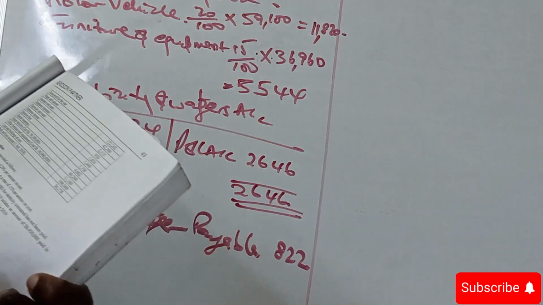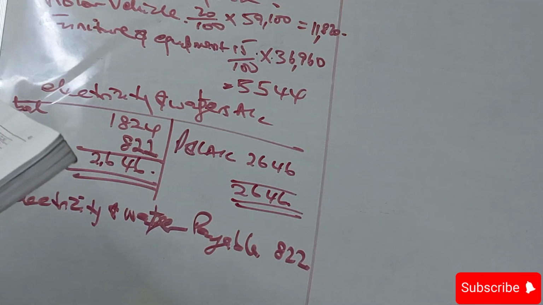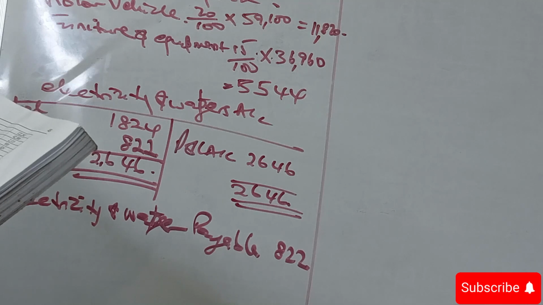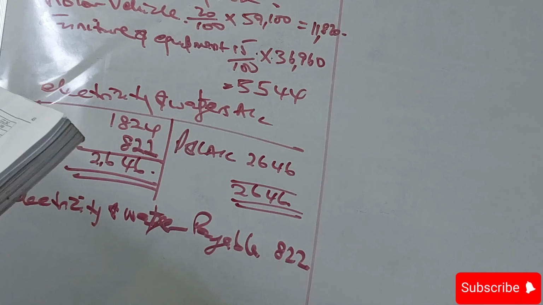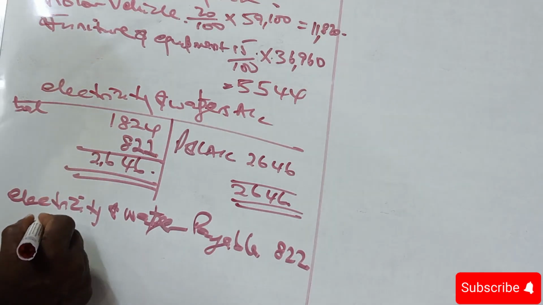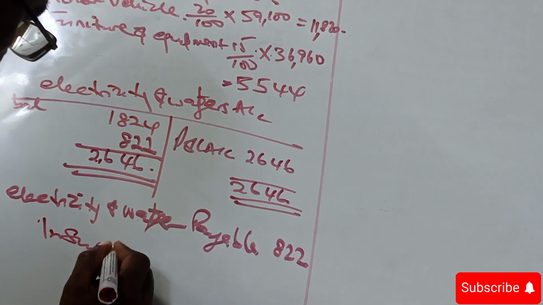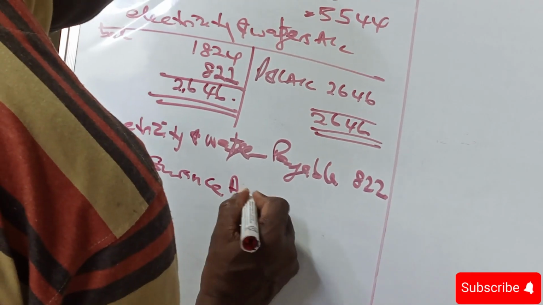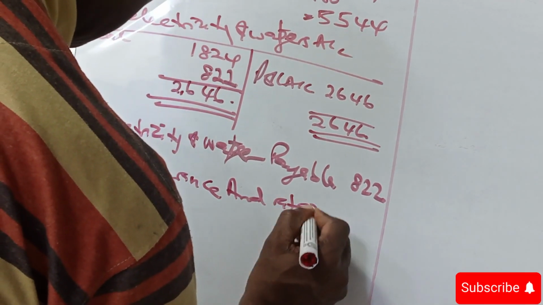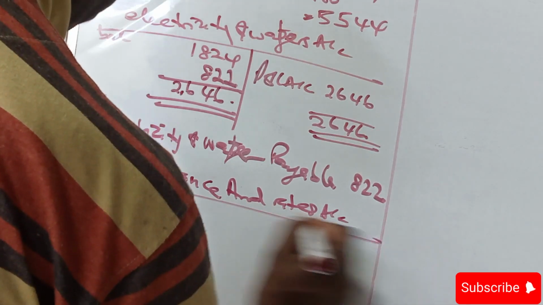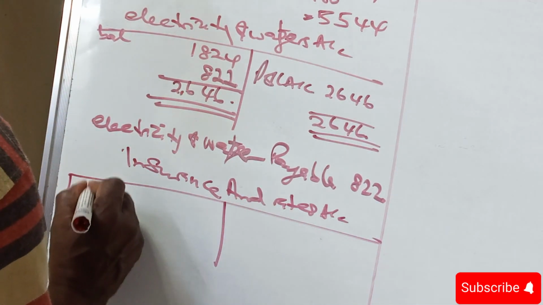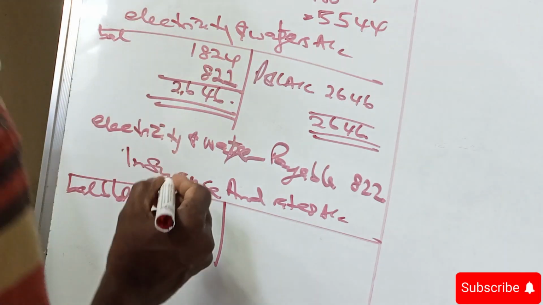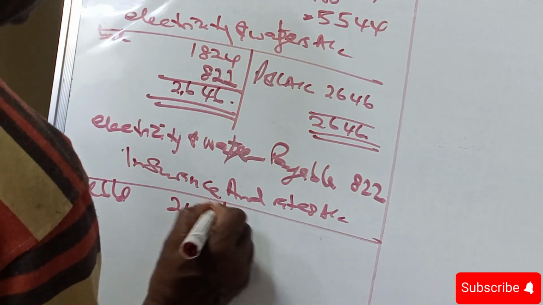And then we are told about the insurance expense amount on 30th June 2019. The insurance we have indicated there, we are calling it insurance and rates. The balance brought down for insurance and rates is 2115.